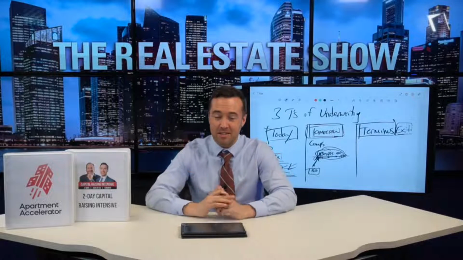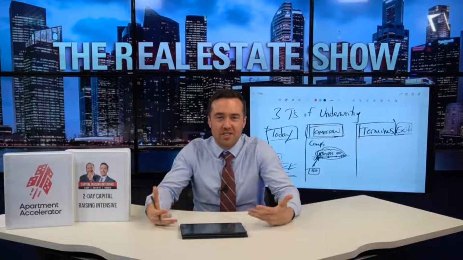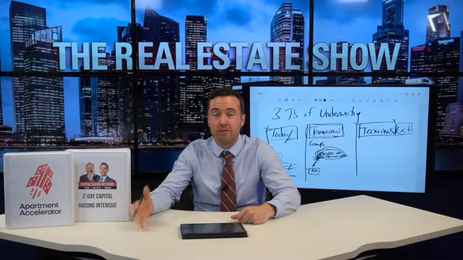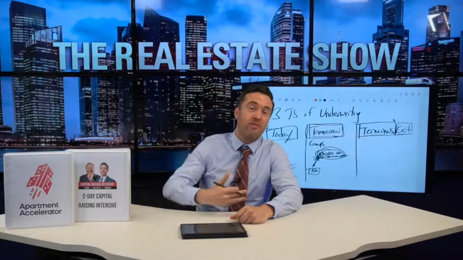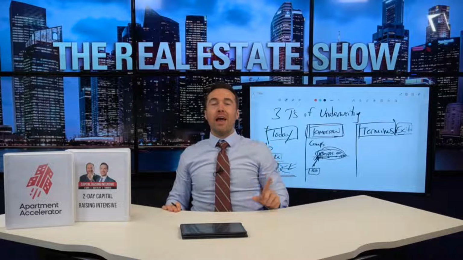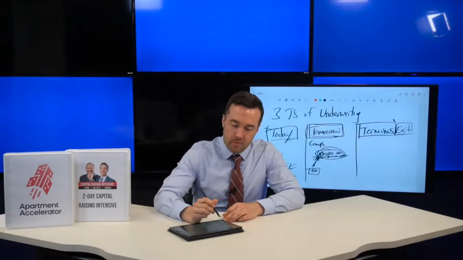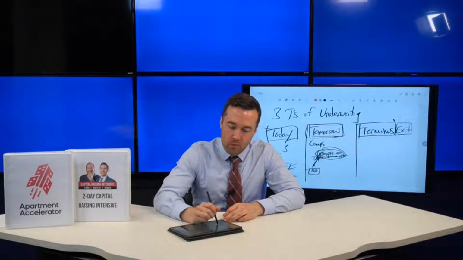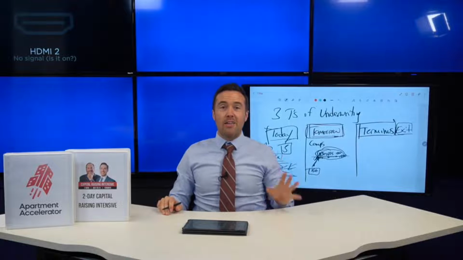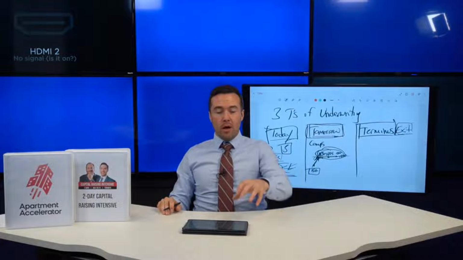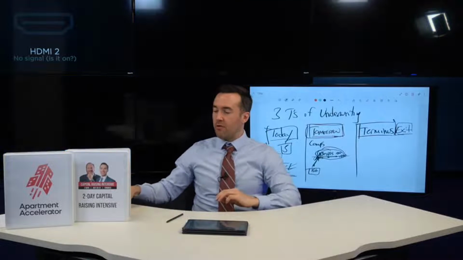Anyways, so Terminus. What happens at exit? There are a number of assumptions you have to make about the market for when you sell or when you refinance. Number one, how is the market going to be behaving when you choose to exit this property? Let's say you buy at a 5 cap, which means investors are going to pay you a 5 cap for each dollar of NOI produced.